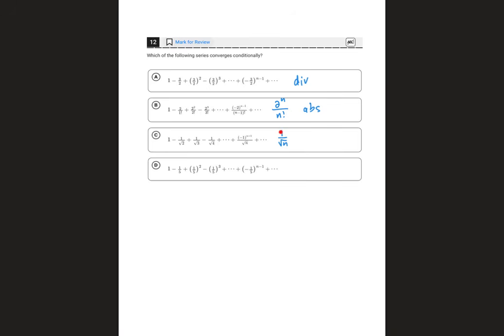And then this series on its own diverges because this is a p series where p is equal to a half, since square root is a half. So the overall series converges, the alternating series converges, but the absolute value of the terms diverges. So this is conditionally convergent.